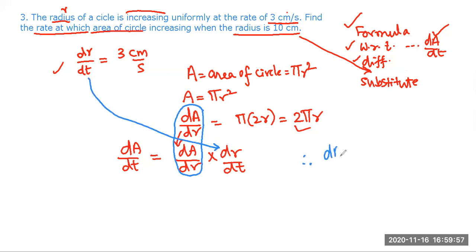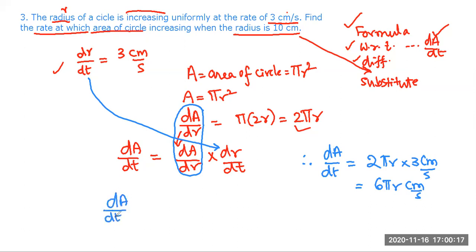Therefore, dA by dt equals 2 pi r multiplied by 3 centimeters per second. That gives me 6 pi r centimeters per second. But he said to find dA by dt at 10 centimeters. We write this also as a notation, at r equal to 10 centimeters.